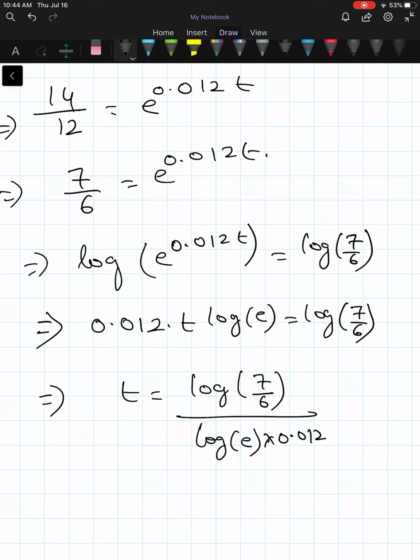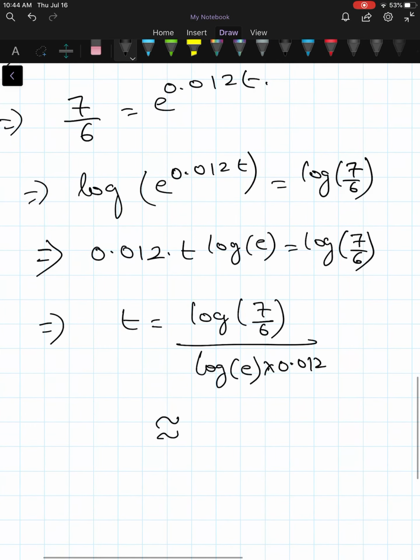I will use a calculator to solve this. The numerator would be approximately 0.67, divided by the denominator, which will be log e times 0.012.